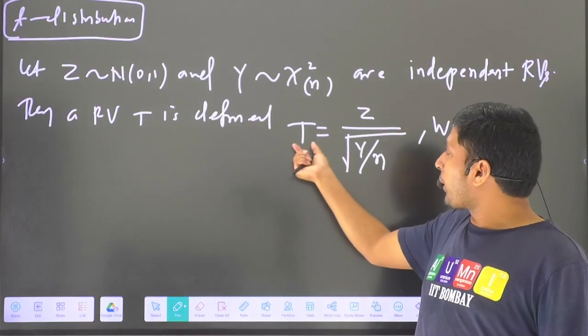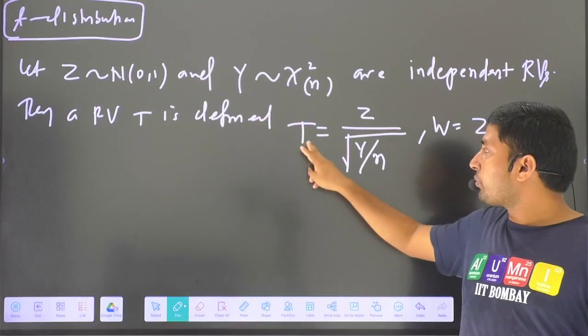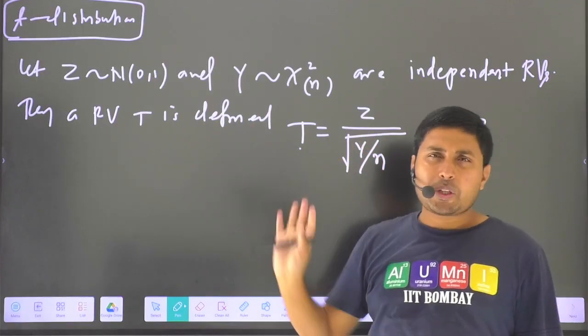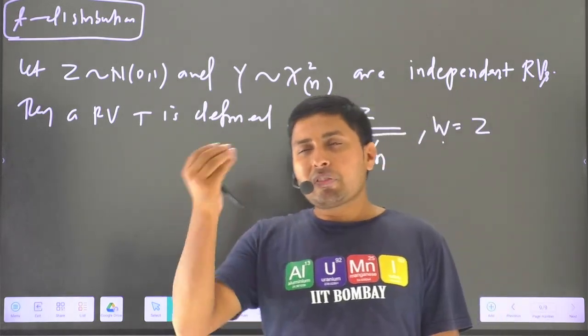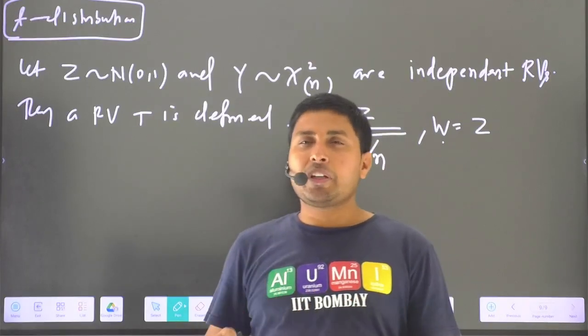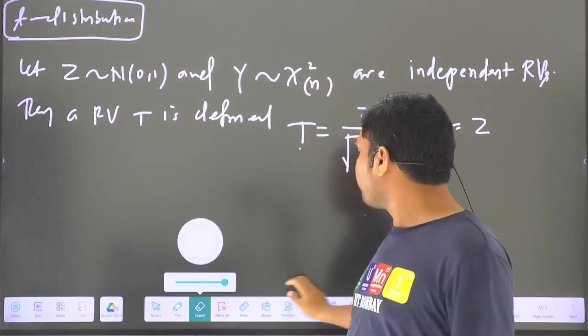So we'll find the joint PDF of T and W using that Jacobian formula. After getting the joint PDF of T and W, we'll find the marginal PDF of T, and the PDF we get is the PDF of the T distribution. So that is the idea, and that is how it is derived.